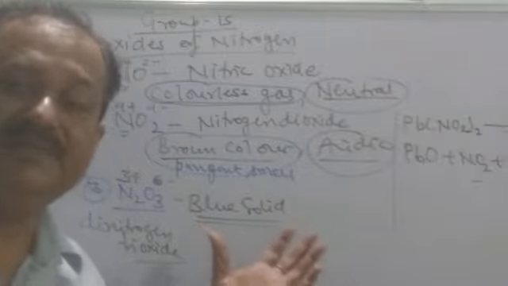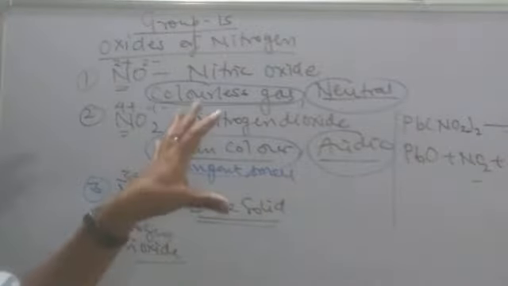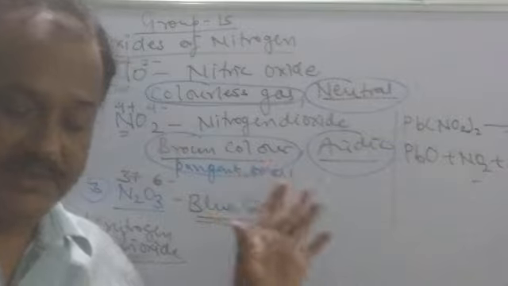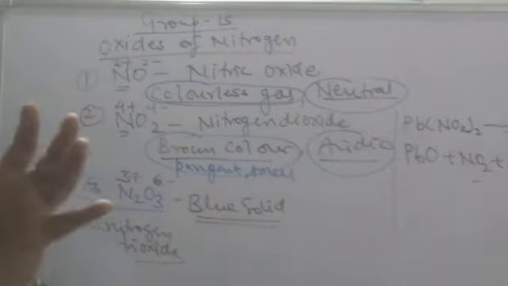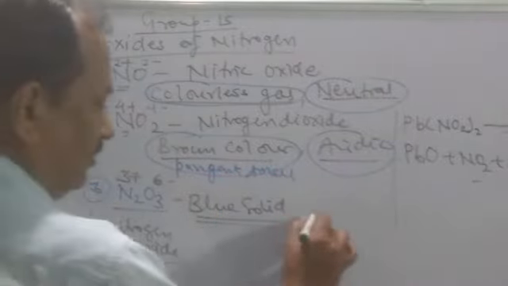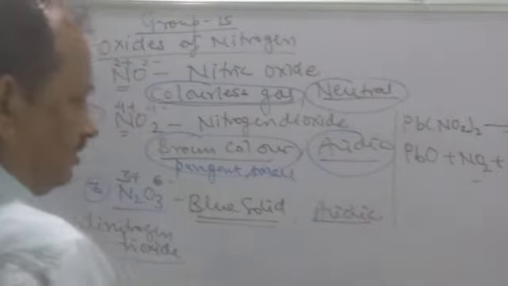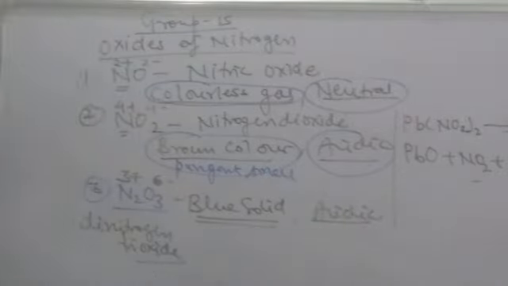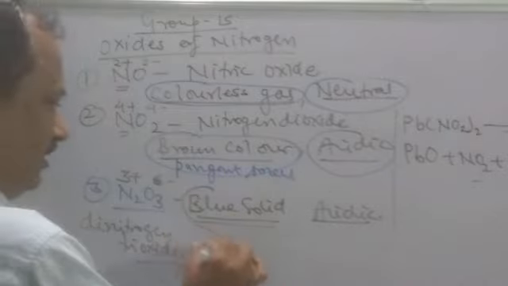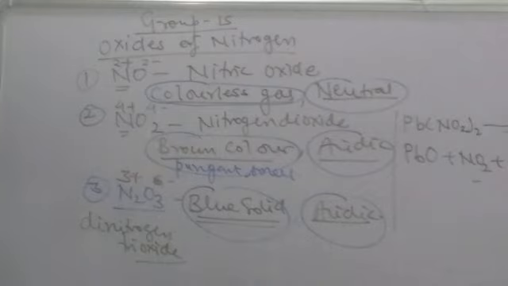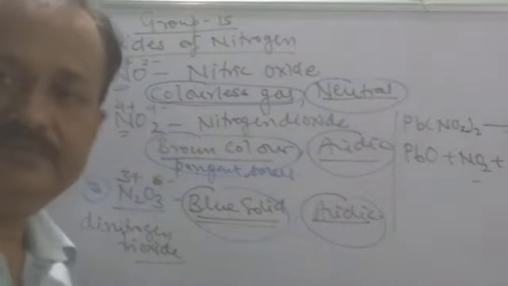All the oxides can be studied at very low temperatures. And it also has an acidic nature. So see the variety, it is a blue solid, it is acidic. So this is about some of the important oxides of nitrogen.